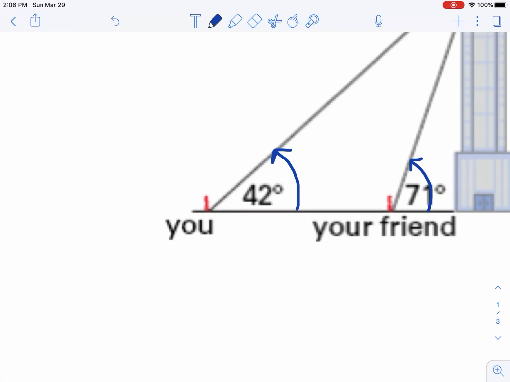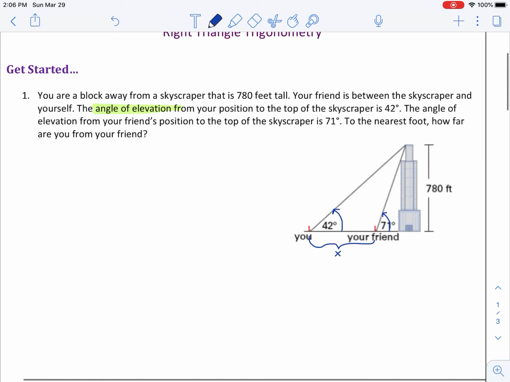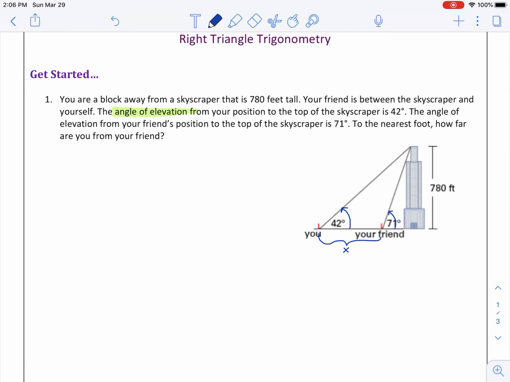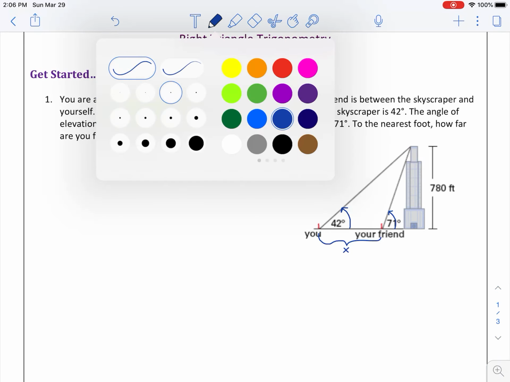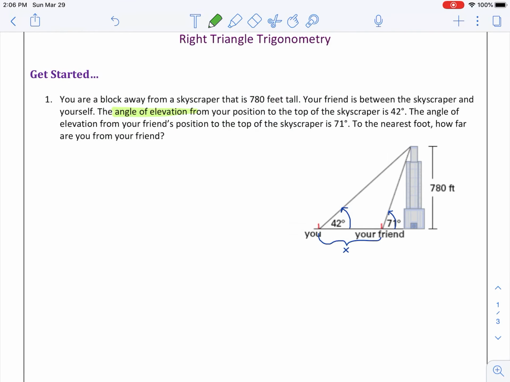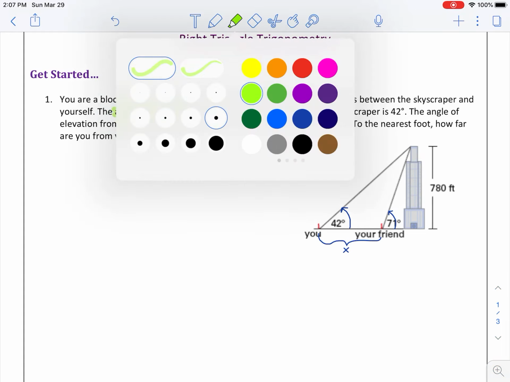So you want to find this. Now, I'm not going to do this. I'm going to let you do it. But I'm going to tell you that you have to remember that trigonometry only works for right triangles.